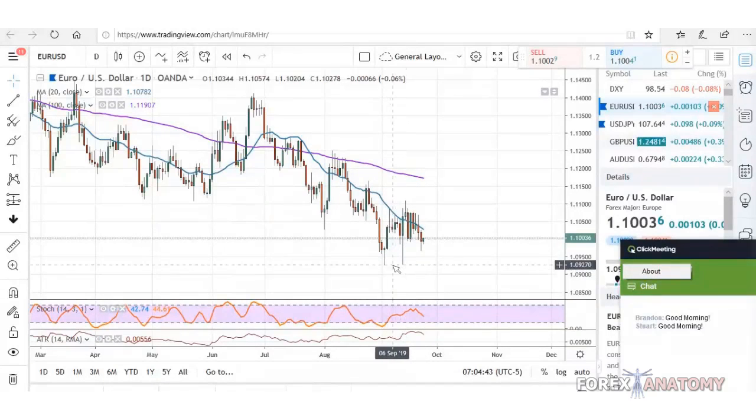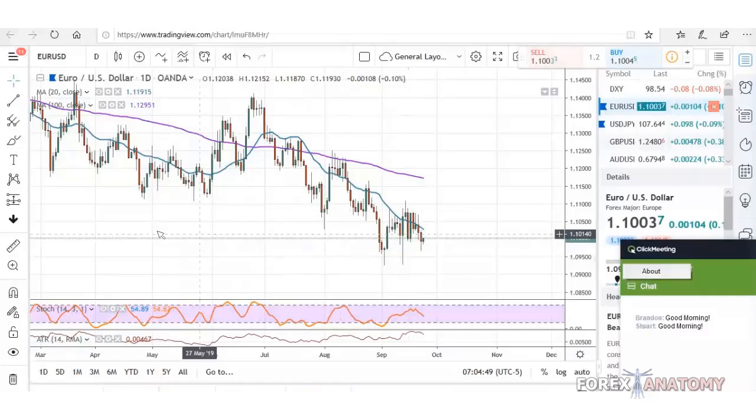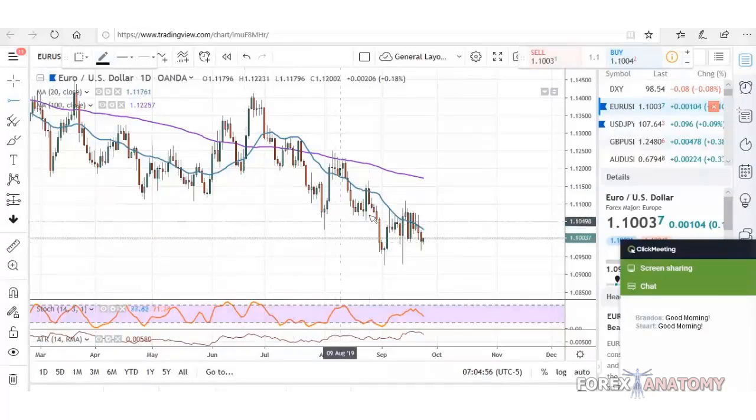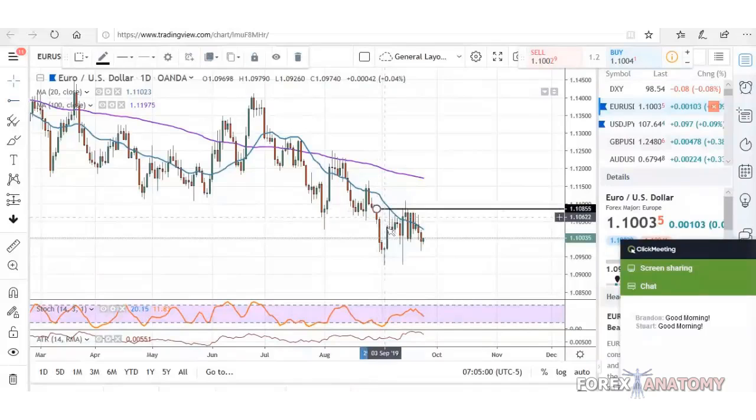It tested this 2019 low, couldn't break below it, and we saw price push higher and expand higher. The only thing about this movement higher is that we did not get a higher high and a higher close. This was the last high from this double bottom. Price pierced this level, but it didn't break and close above it, which means that we should still have a bias to the downside.